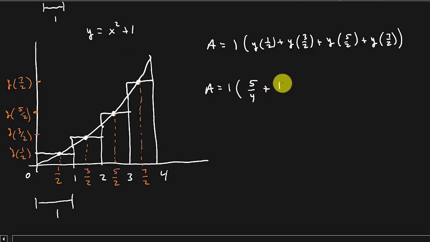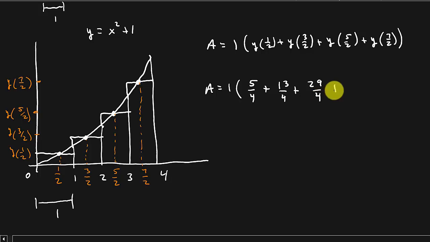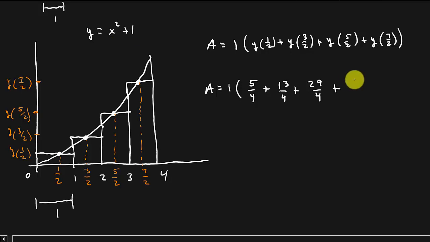That's going to be plus 13/4 plus 25/4. That would be what, 29/4? Let me double check myself. Yep, 29/4. And then we've got 49/4. Let's see, 49/4 plus 1. And that would be 53/4.